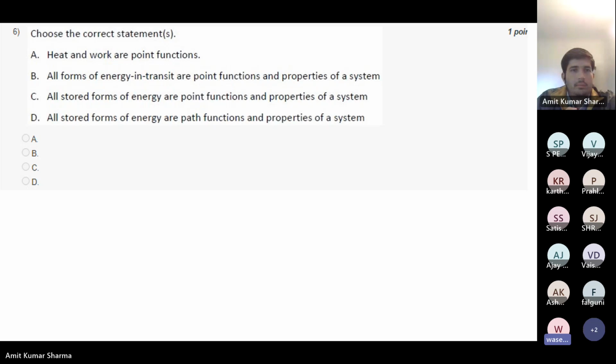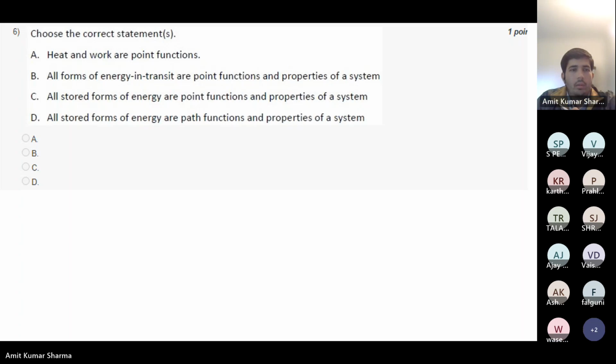Because all stored energy is the point function. This is internal energy. So internal energy is the point function, and a property of the system. P and V and whatever are the properties of the system.